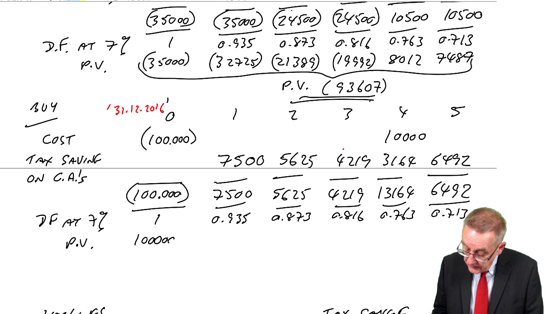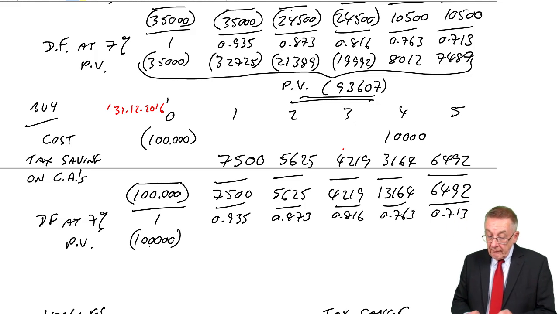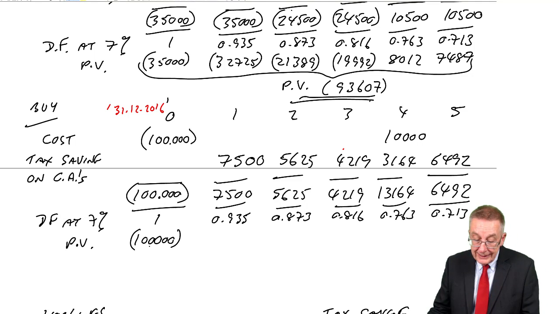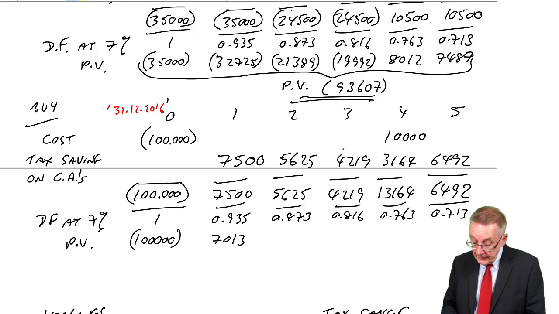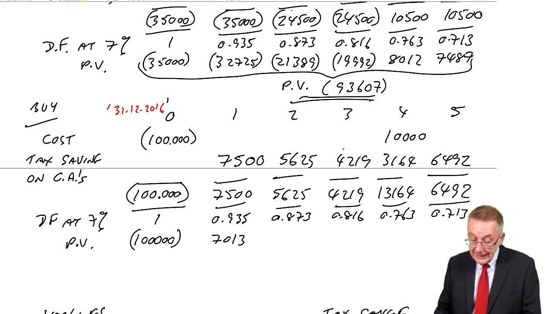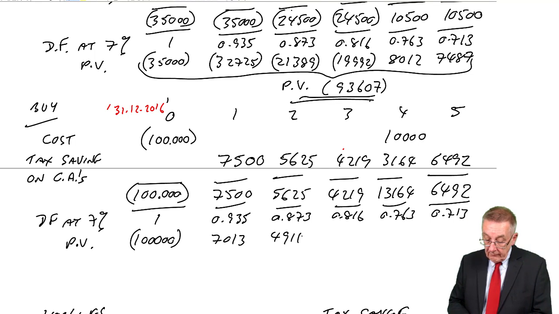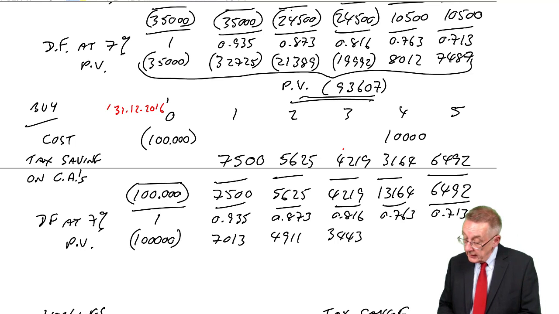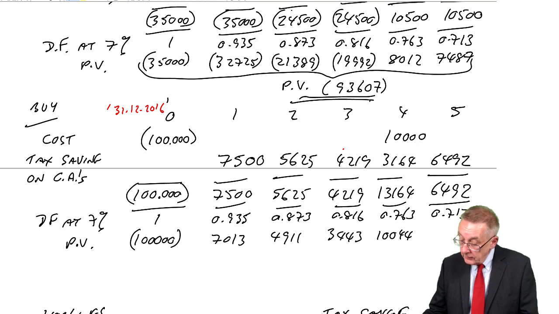The present values. 7,500 times 0.935, 7,013. 5,625 times 0.873, 4,911. 4,219 times 0.816, 3,443. 13,164 times 0.763, 10,044.